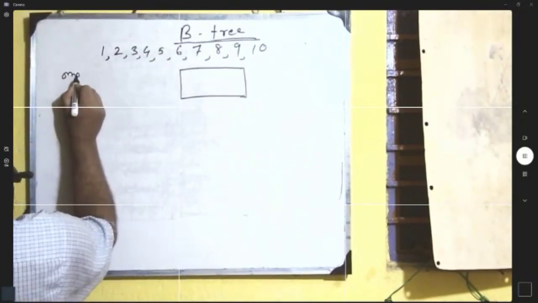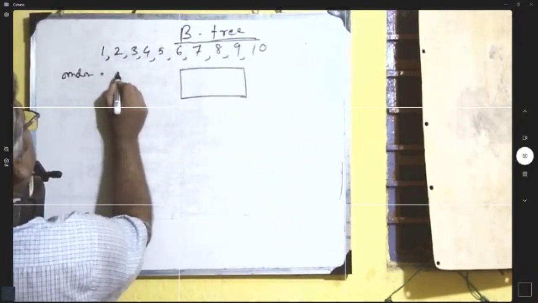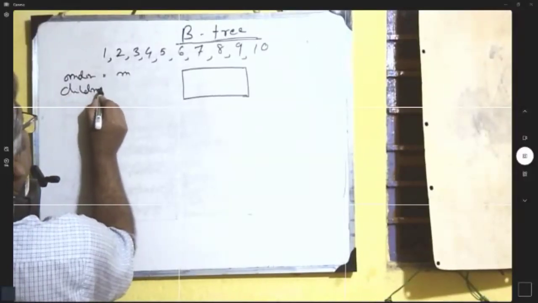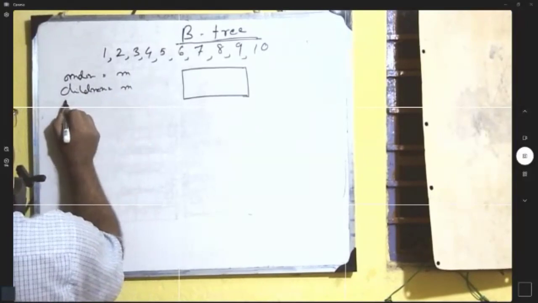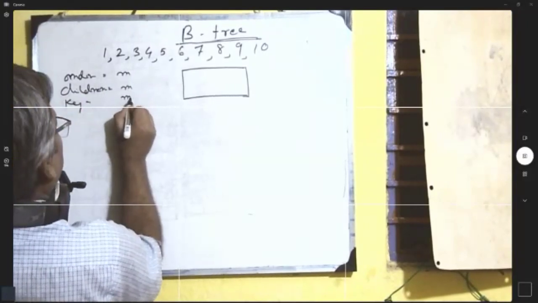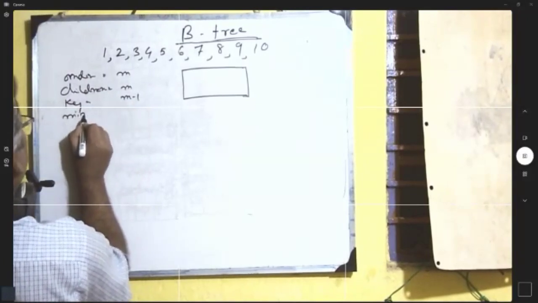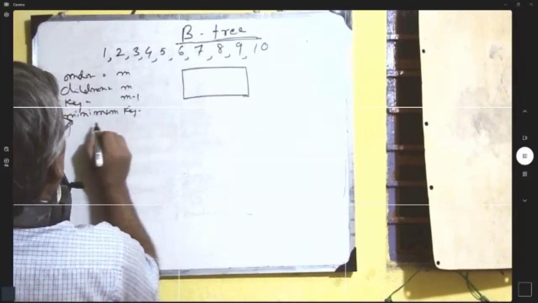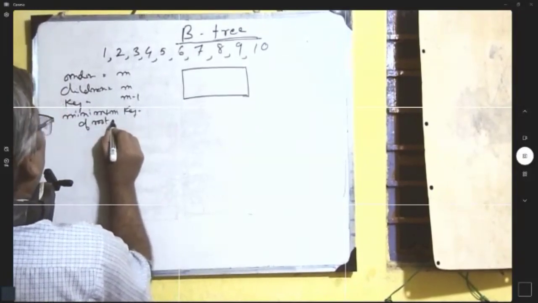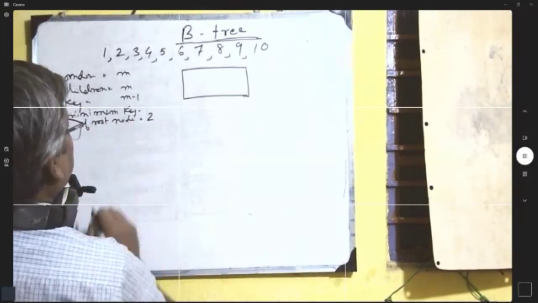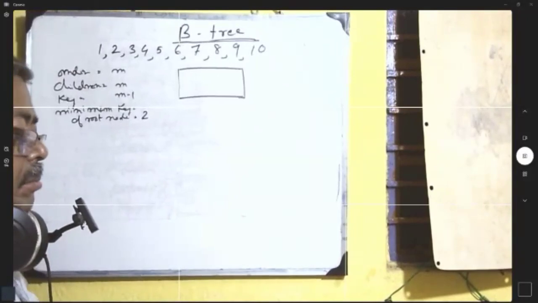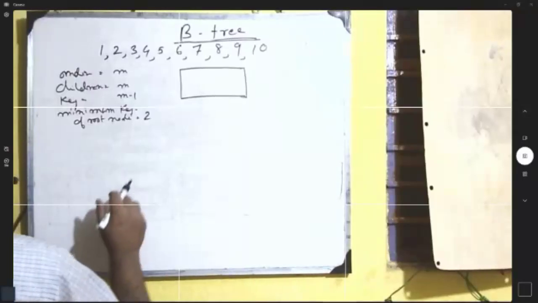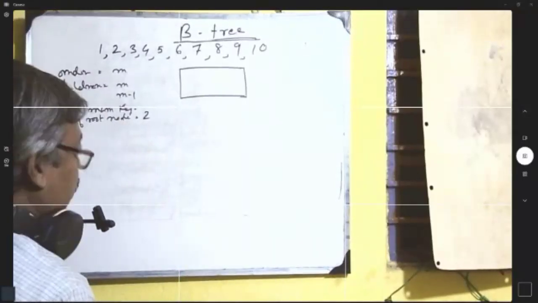Suppose the order is M. If M is the order, then children is M, keys is M minus 1. The root node must contain a minimum of 2 child nodes.